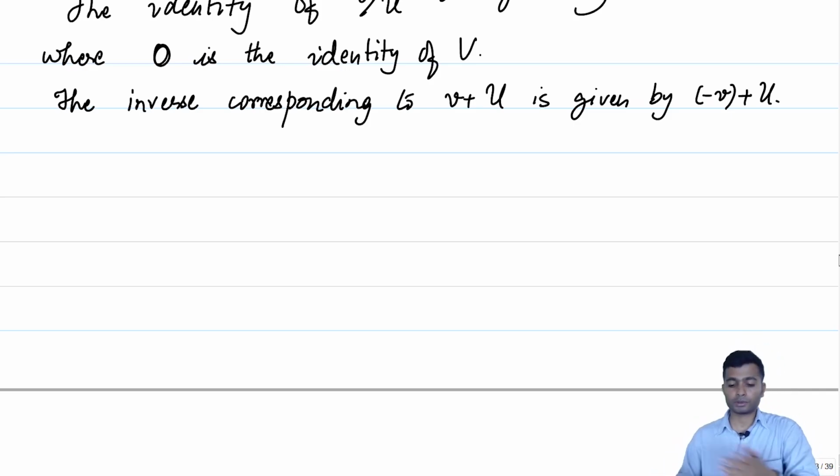So why are we considering V mod U? Why are we giving it a vector space structure? Of course, the vector space structure which we defined directly is obtained by using the vector space structure of V. The vector addition and the scalar multiplication, as you can see, which was defined, was using the vector space addition and scalar multiplication operations from V. But why are we doing all this?